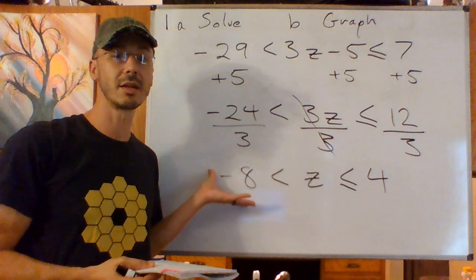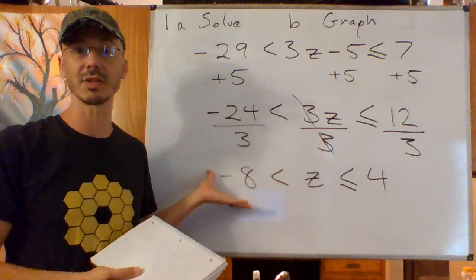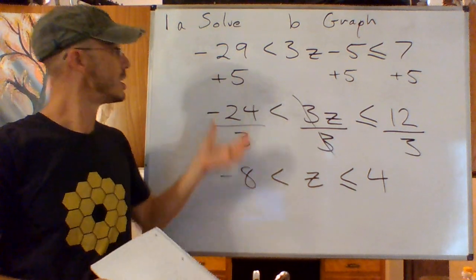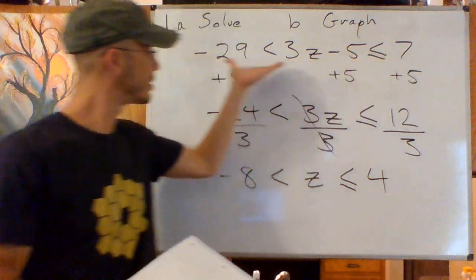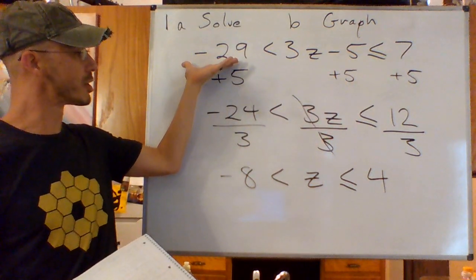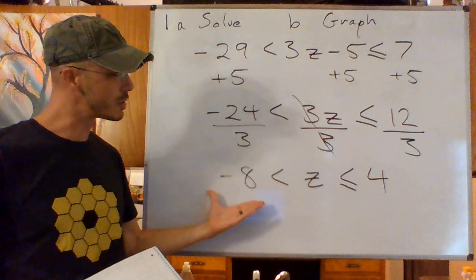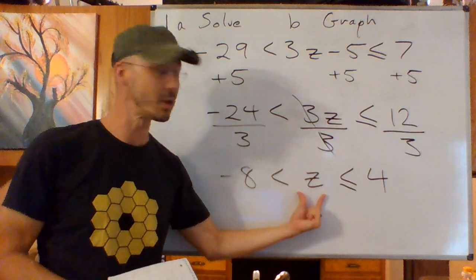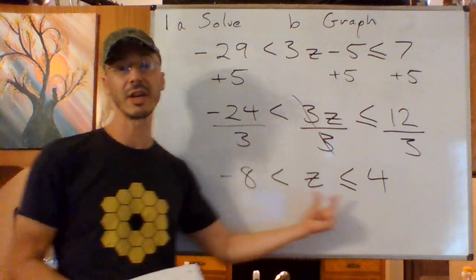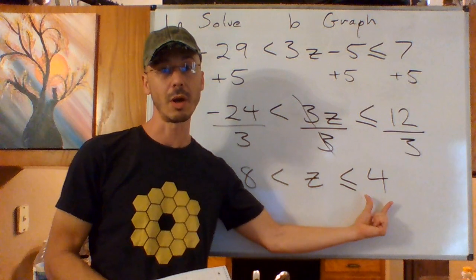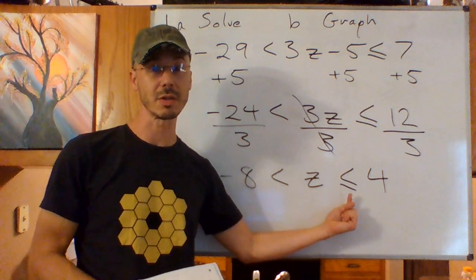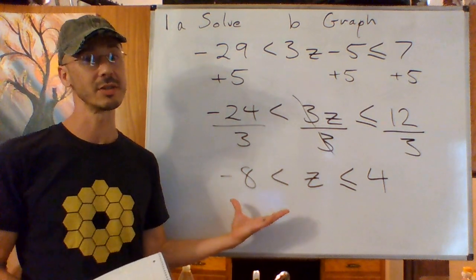This is, in a sense, the solution of the inequality. The original inequality is equivalent to this simplified one, where z is between -8 and 4, possibly including 4 because of the or equal, but not including -8.